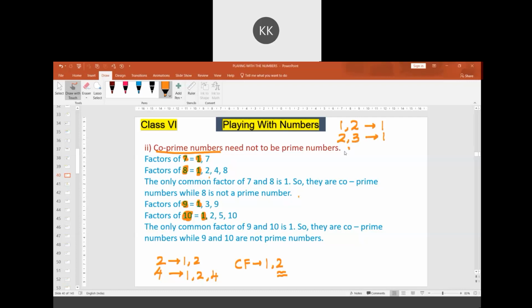If I consider 9 and 10, the common factor is just 1. These are all co-prime numbers. So always remember, for co-prime numbers, the combination should be two different numbers. To define co-prime numbers, we require two numbers. If two numbers have only one common factor, that is 1, they are called co-prime numbers.